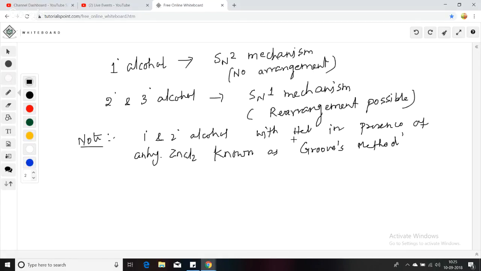Okay, so this name you remember. Reaction of HCl with 1 degree or 2 degree alcohol in presence of anhydrous ZnCl2. Okay.